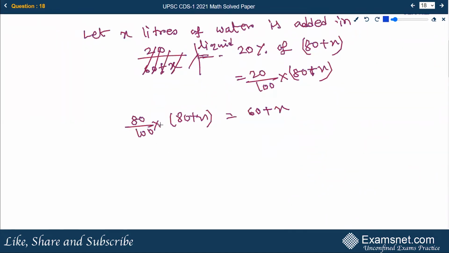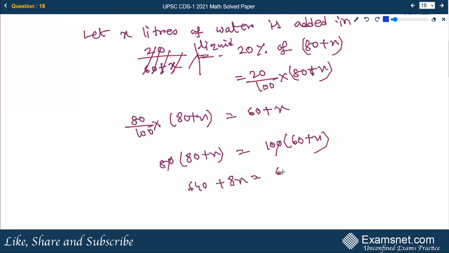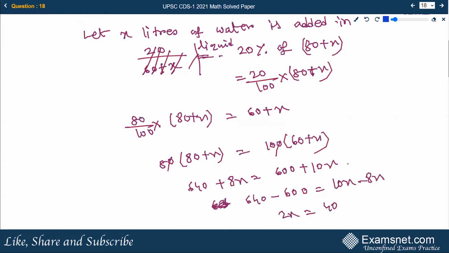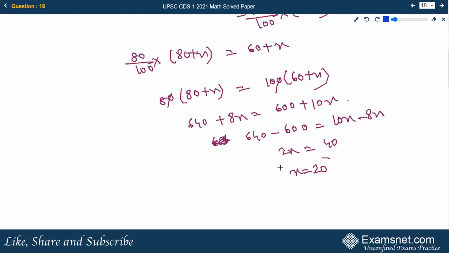After solving, we will get it here: 80 by 100, 10X. So it will be 640 minus 600 and 10X minus 8X. So 2X equals 40. So that is X equals 20 liters.